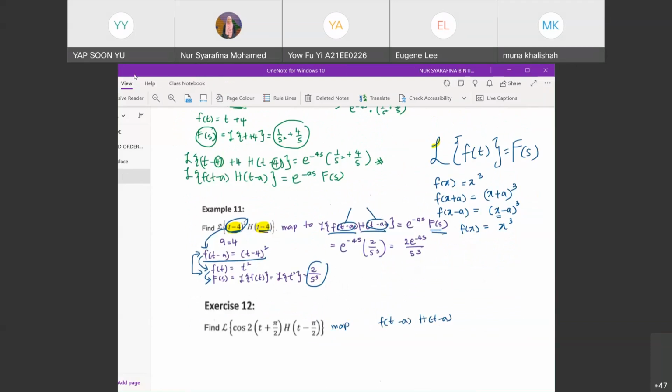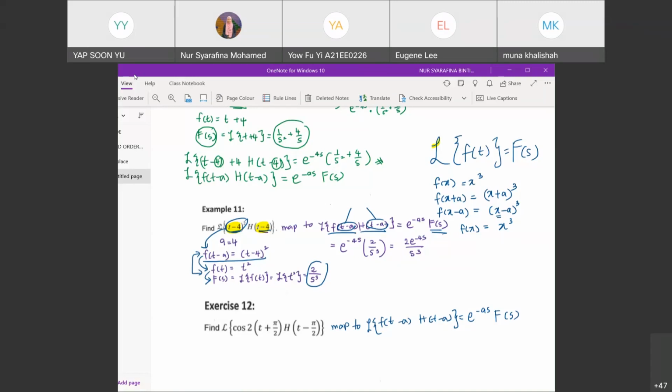But is this an equal expression or not? Do these two expressions have equal t minus a or not?